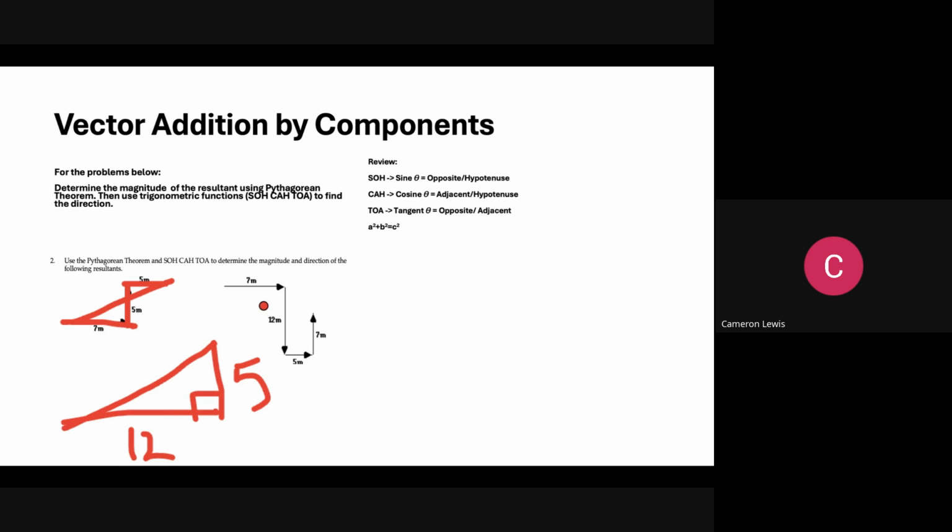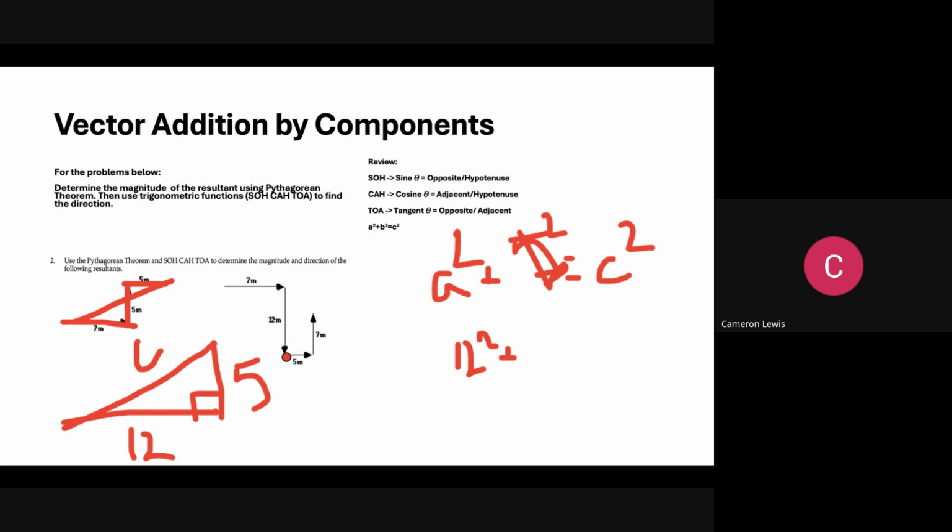Let's use Pythagorean theorem. A squared, I want to find my C. C squared, right? Oh, B squared. Sorry. So now I have 12 squared plus 5 squared.